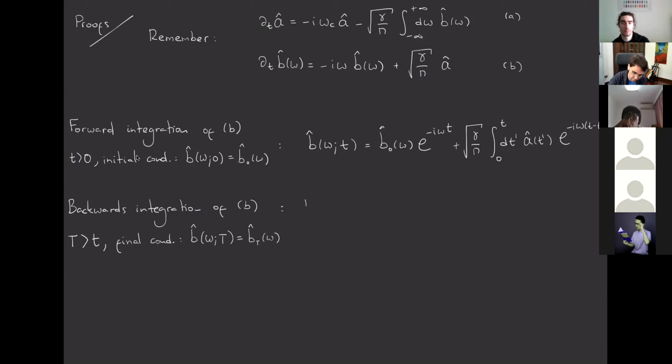So in particular, if you do that, mathematically, you will find something very easy, that is that B of omega, time T can be written as this expression here.